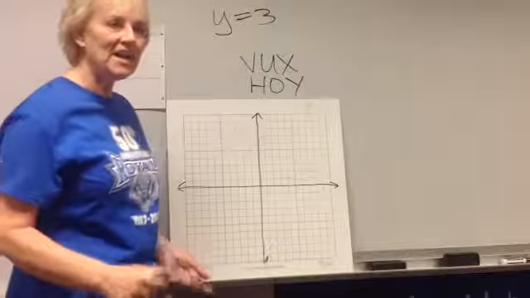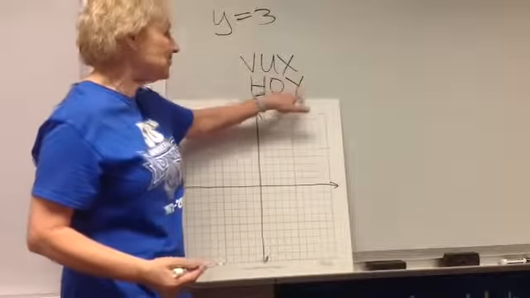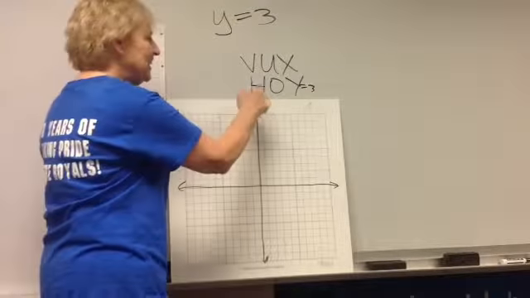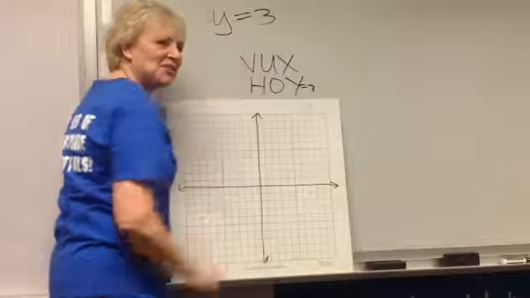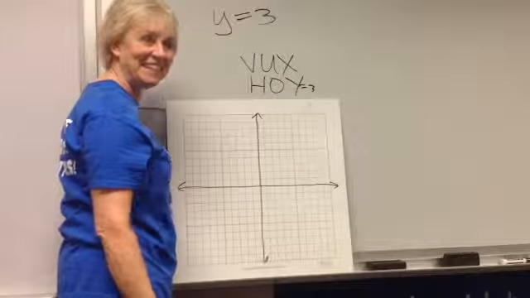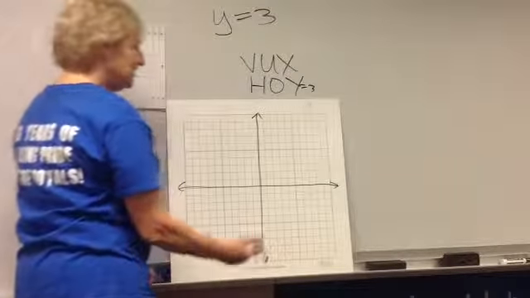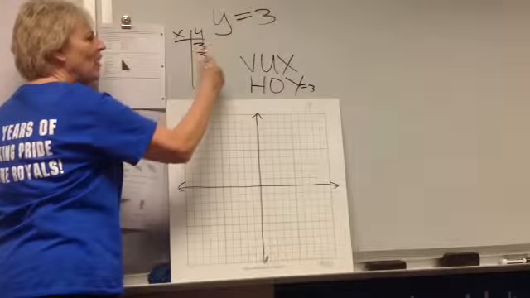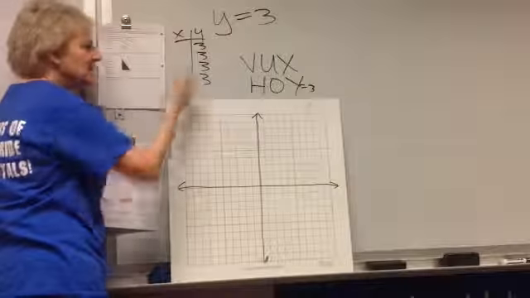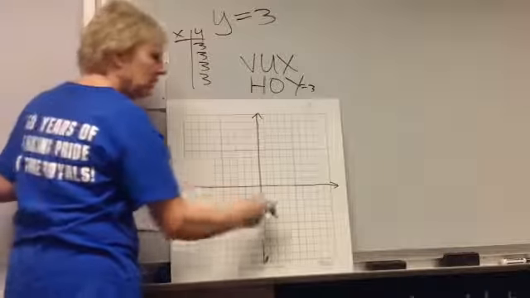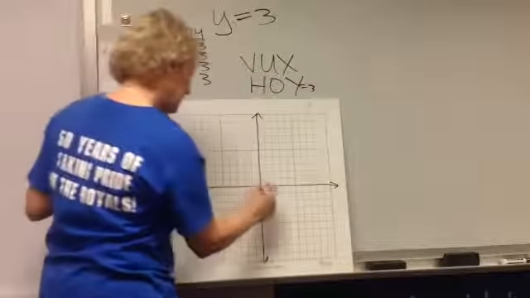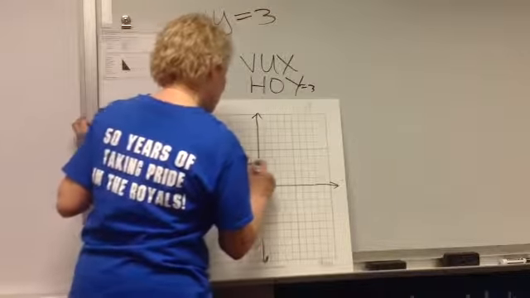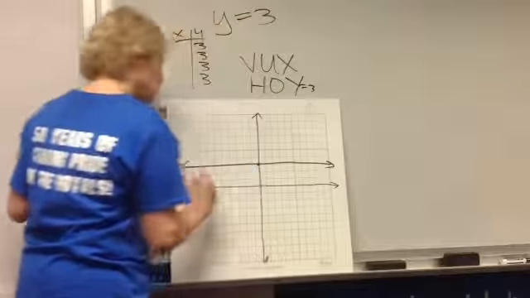If you have an equation that doesn't have any x, it only has a y, like y equals 3, then it is a horizontal line with 0 slope. Isn't that great? And by the way, y equals 3 means you have a t-chart and all these are 3s. This could be anything. So, 1, 3, 2, 3, 4, 3. Anyway, we're going to go up the y-axis to 3, and that's y equals 3.